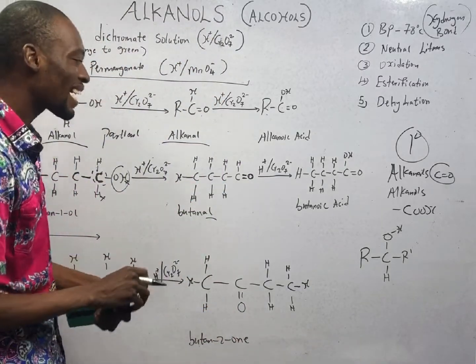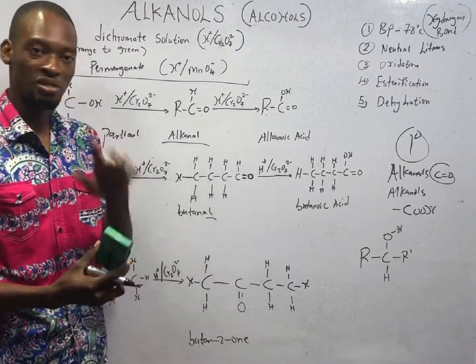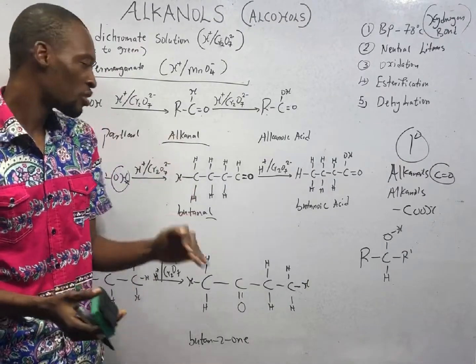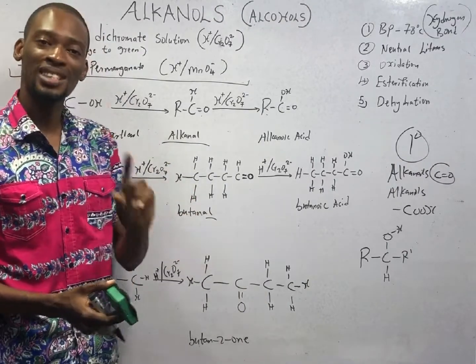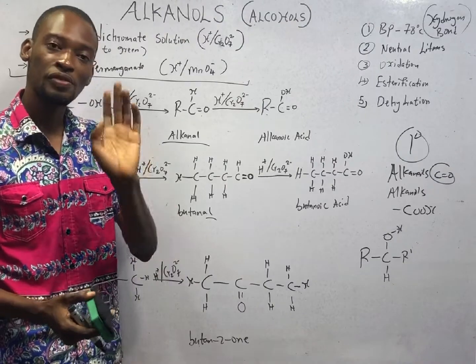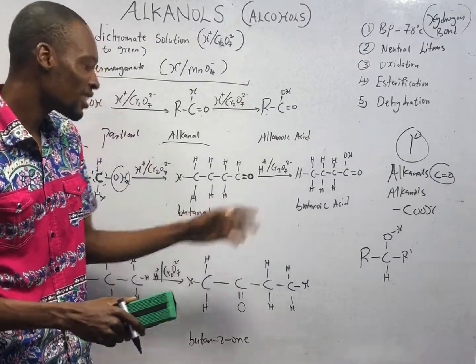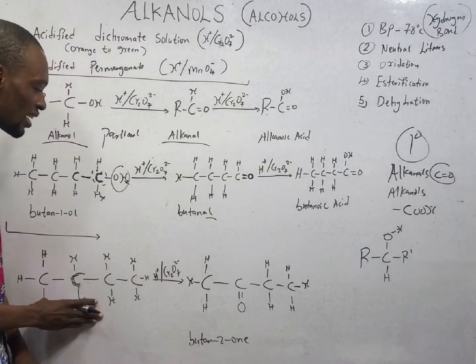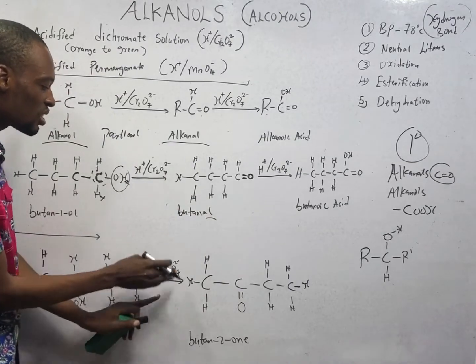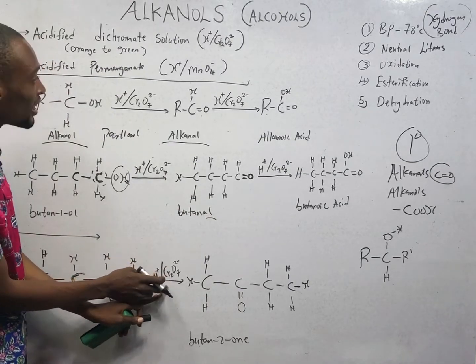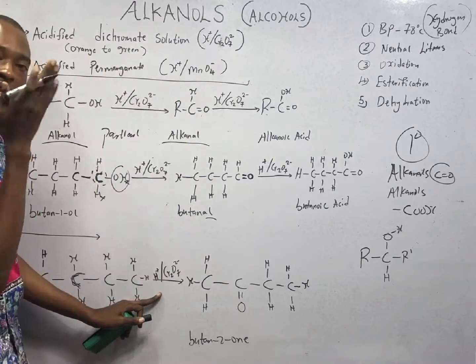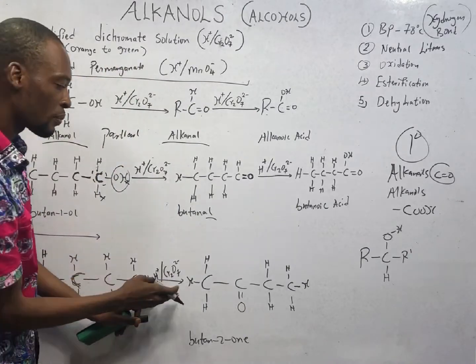So primary alkanols can be oxidized to form alkanoic acid and partially oxidized to form alkanals. But when you oxidize secondary alkanols, you form alkanone, O-N-E. So this is a secondary alkanol. You oxidize it still using catalyst. You can either use this catalyst or you use this. You get the same result. Look at the product formed.